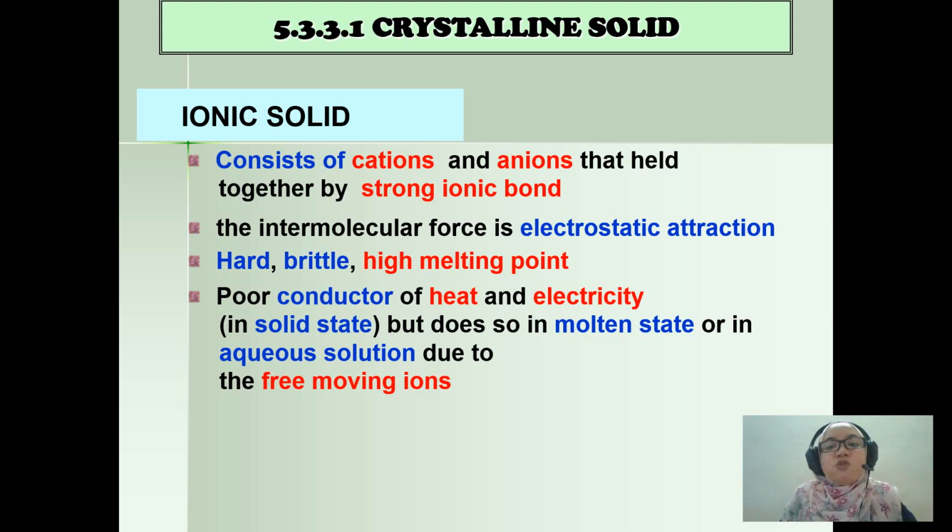However, in a molten or aqueous state, the ionic solid is a good conductor of heat and electricity. Kenapa? Sebab bila ionic solid ni in a molten state or in aqueous solution, diorang ada free moving ions. So bila diorang ada free moving ions, they can transfer the heat or the electricity from one point to another point.